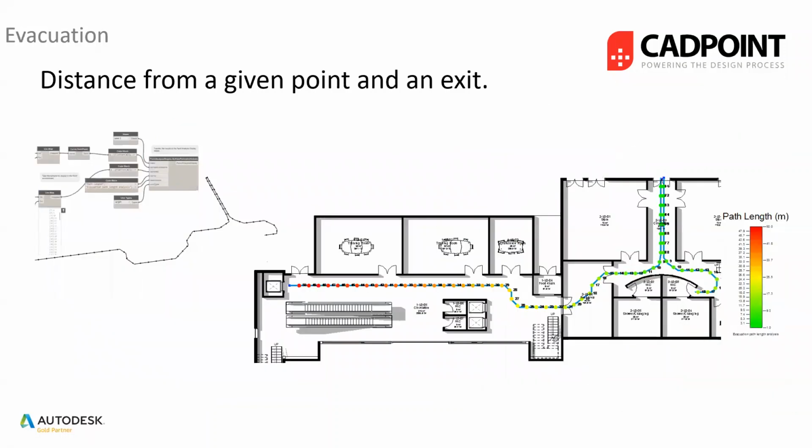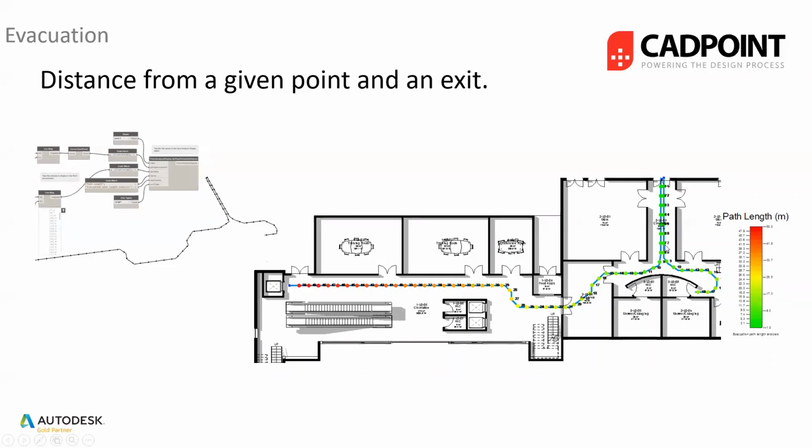Here's another one, calculating an evacuation distance. Using Dynamo to create the path on the left-hand side here. It's found the travel path from door to door. So this particular door is marked with a parameter as your fire escape exit. And then worst case scenario, you just mark from this particular point, or you choose a point on the map, and it will automatically calculate the path.